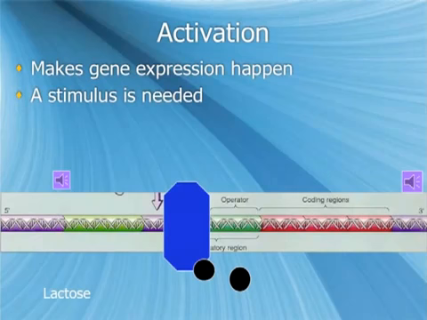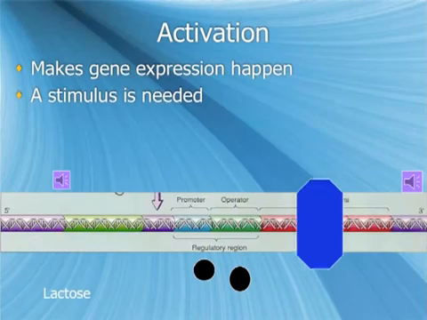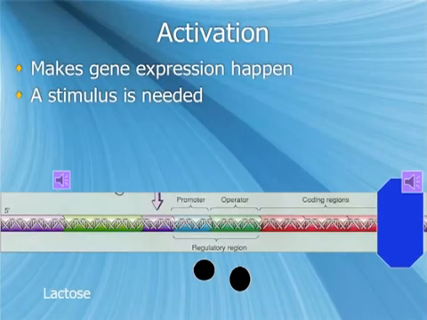That protein leaves, and therefore RNA polymerase is able to go through and cause transcription to occur for that gene. Now, as soon as there's no more lactose, then the inhibitor goes back on, and therefore shuts off the gene, which makes sense because if there's no more lactose, you don't need the enzymes, and therefore the gene should be turned off.